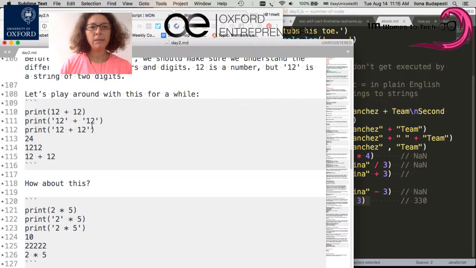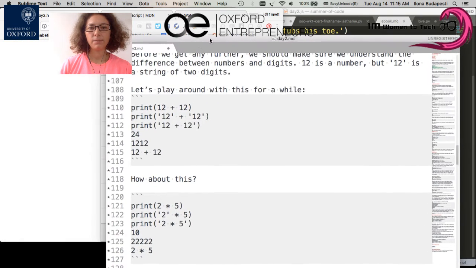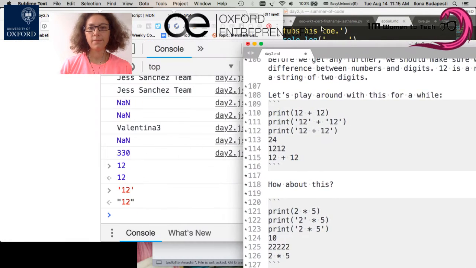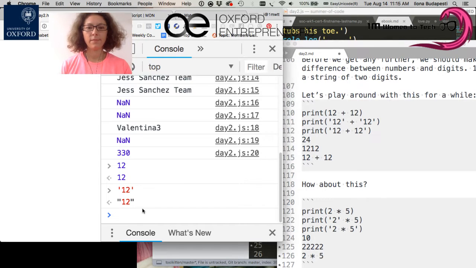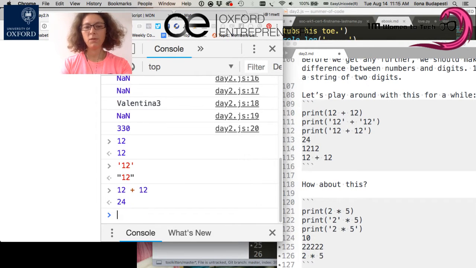Let's try adding them together and see how these will work. So we will add two numbers. If we add two numbers, we expect 24. That's fantastic. What do you expect if we add the string 12 and the string 12 together?